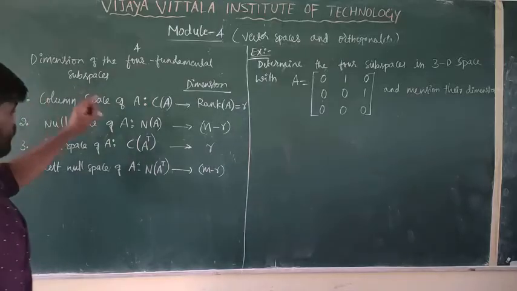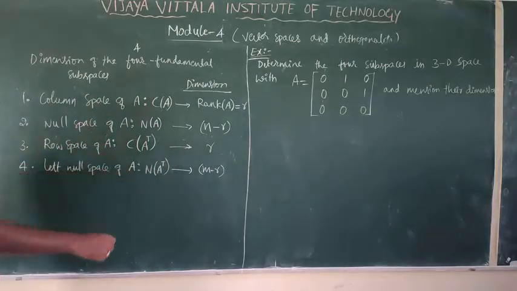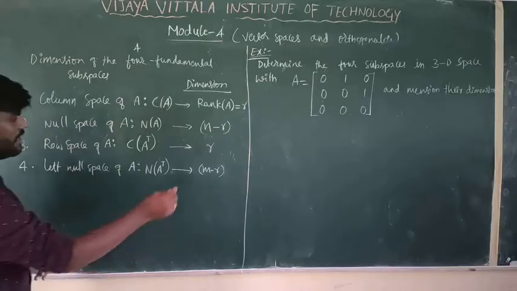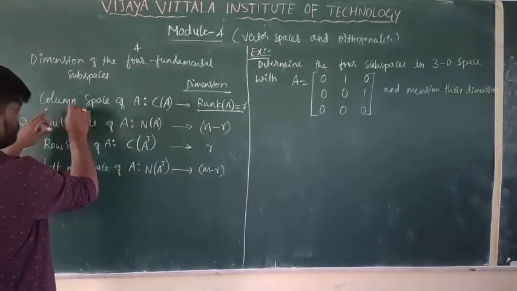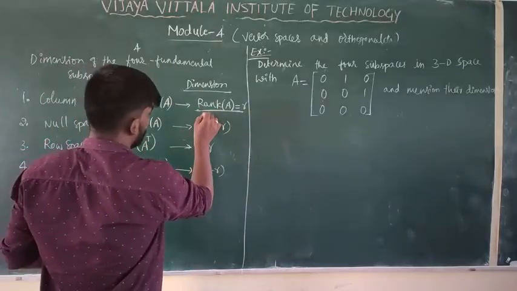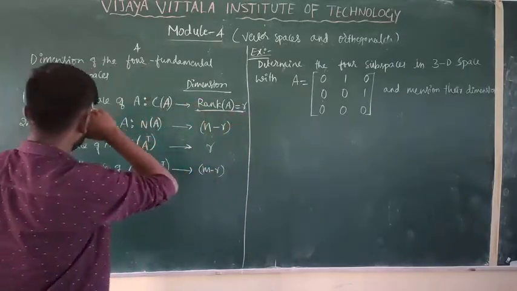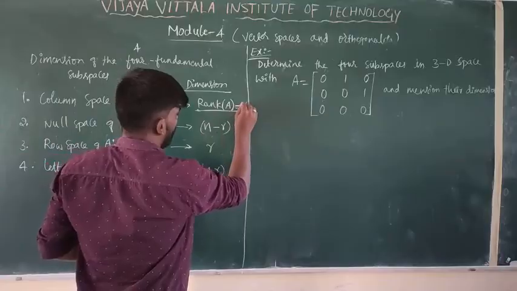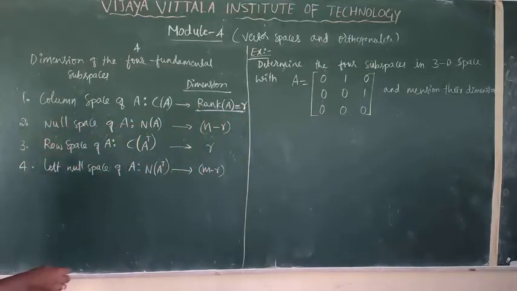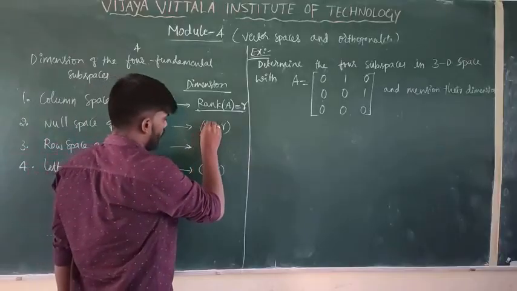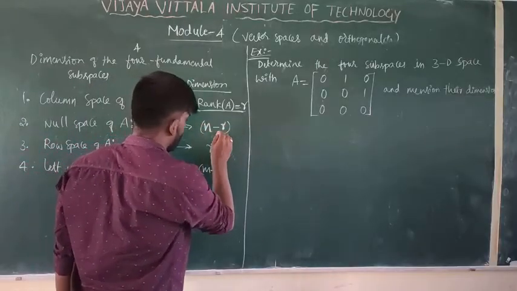What is the dimension for these four fundamental subspaces? For the column space, we calculate the dimension using the rank, which is denoted by small r. Rank is denoted by small r. And for the null space, the dimension is n minus r.